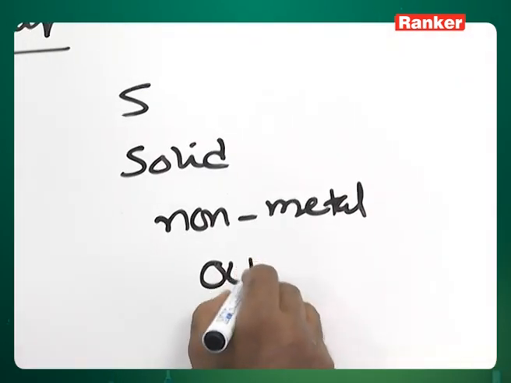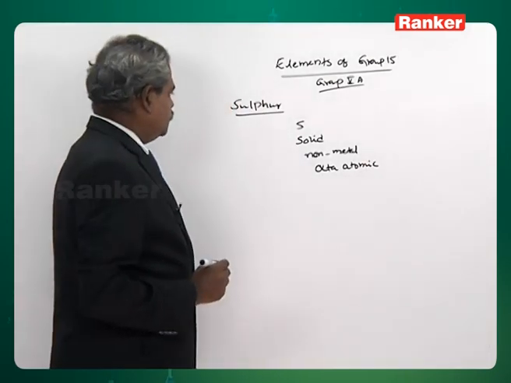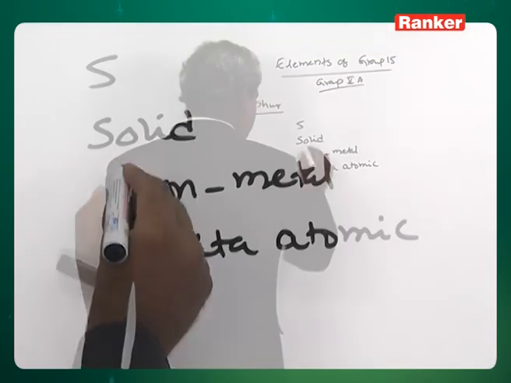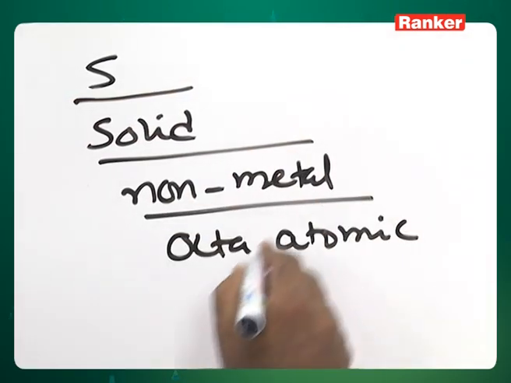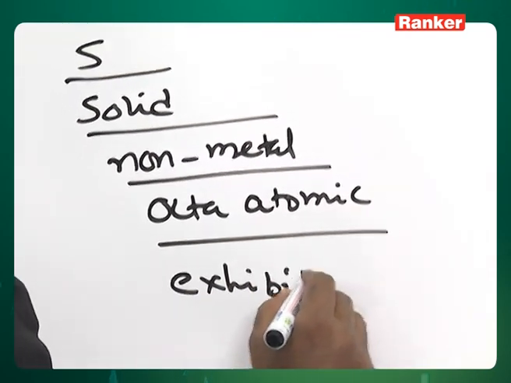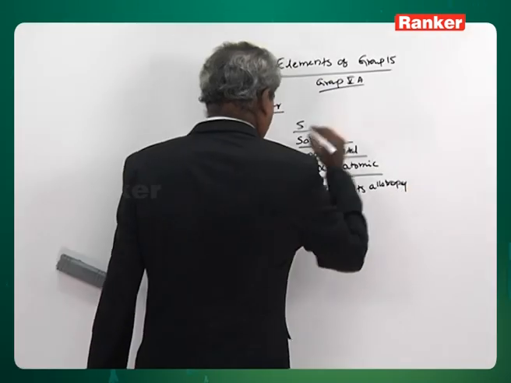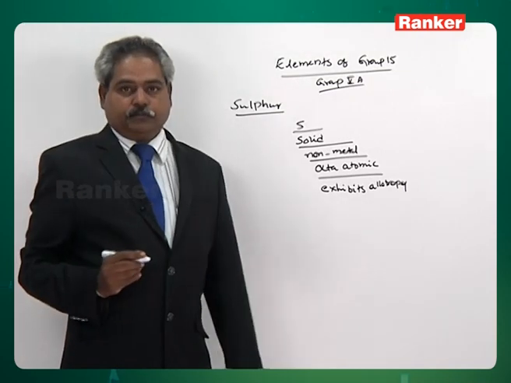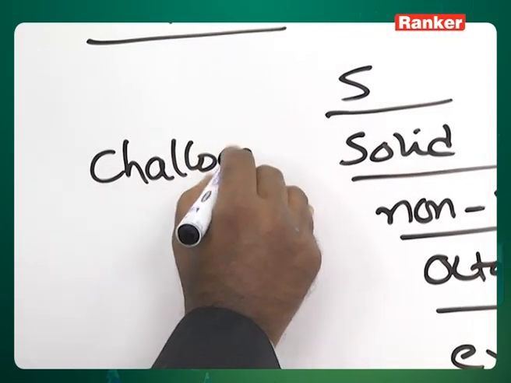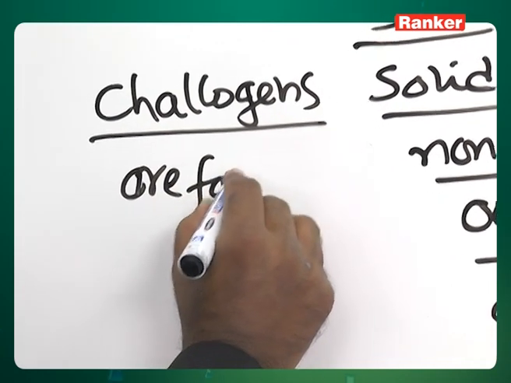It's octoatomic. It exhibits allotropy. It belongs to a group called chalcogens because of their ore forming nature.